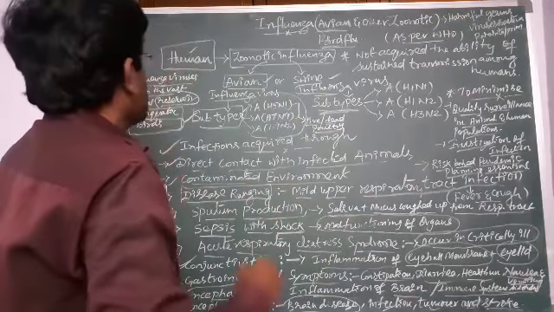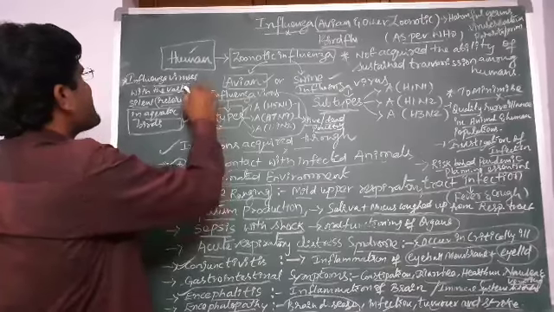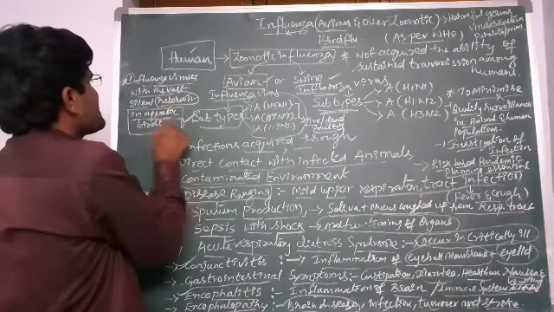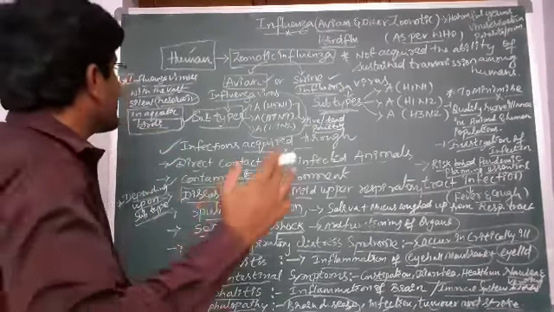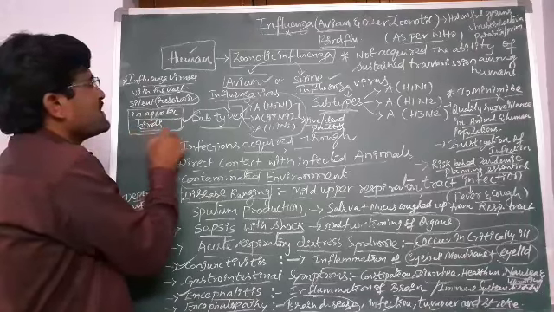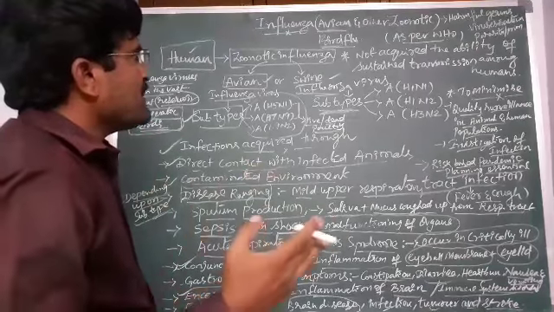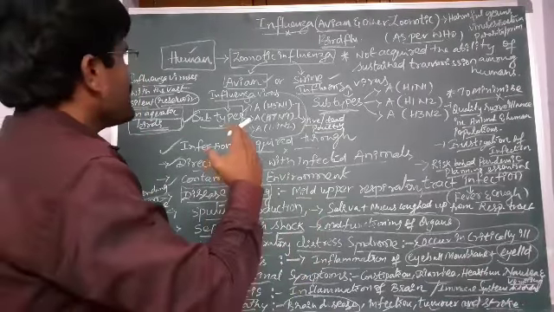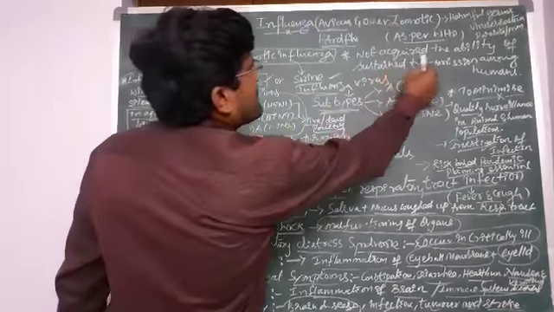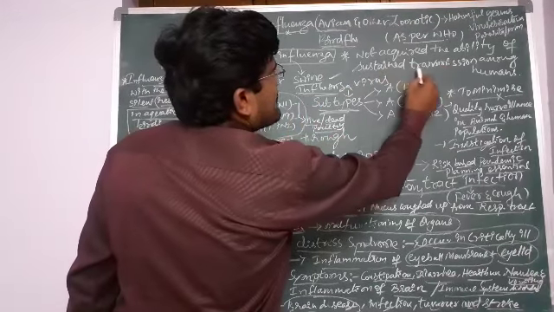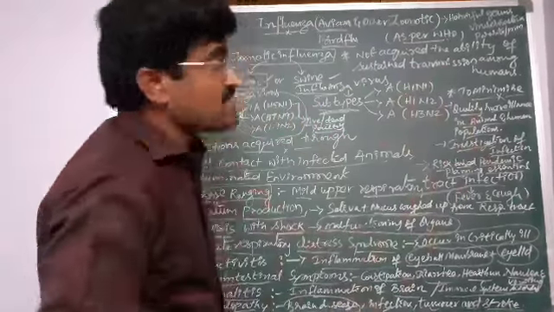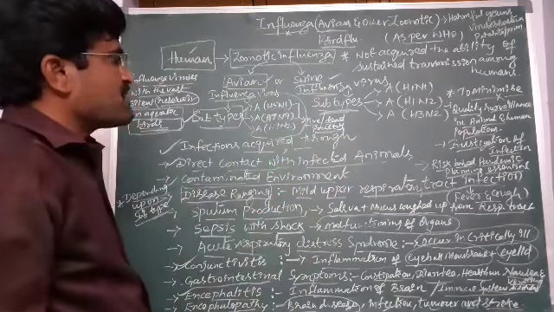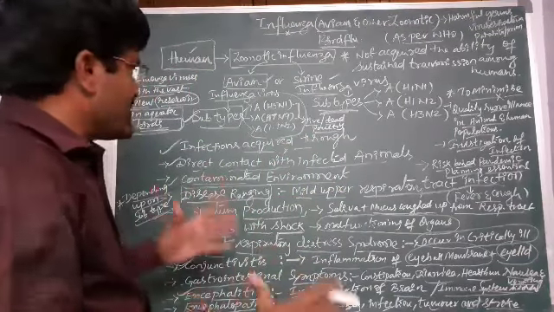Influenza viruses have vast silent reservoirs in aquatic birds. Those silent reservoirs are in aquatic birds. And one more important point is that they have not acquired the ability of sustained transmission among humans. As per the WHO guidelines, some clear guidelines and more information are given.